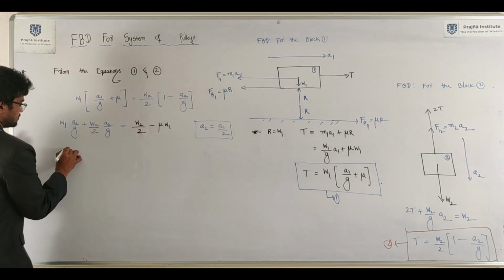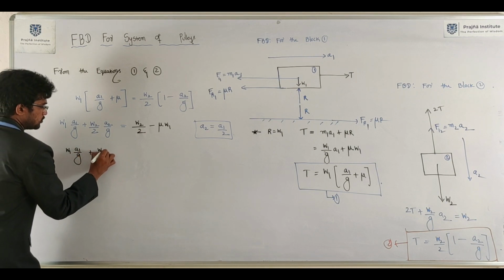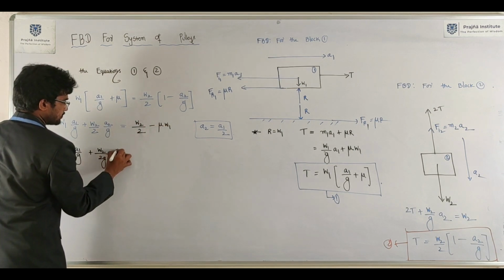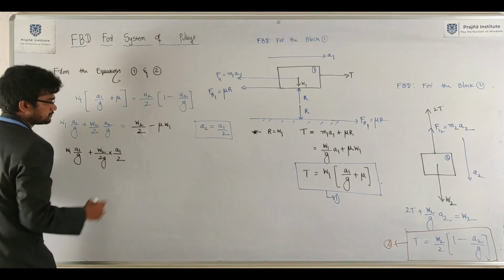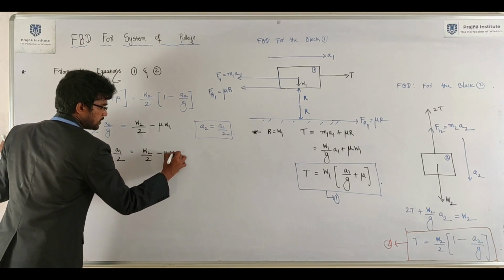Here a1 by g plus W2 by 2g, a2 is equal to a1 by 2, equals W2 by 2 minus mu into W1.